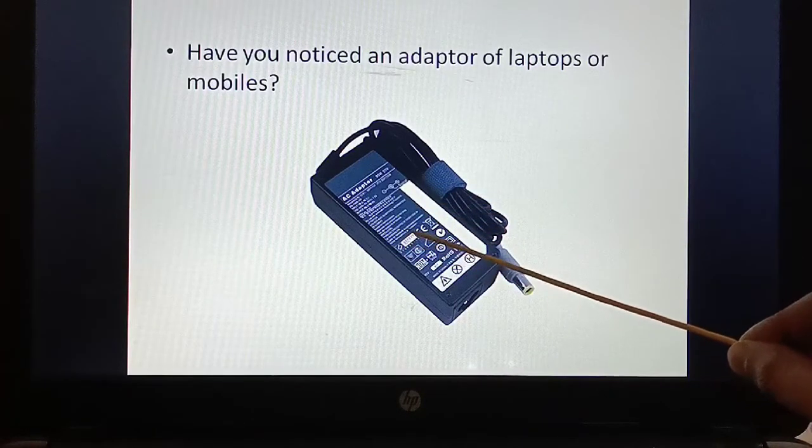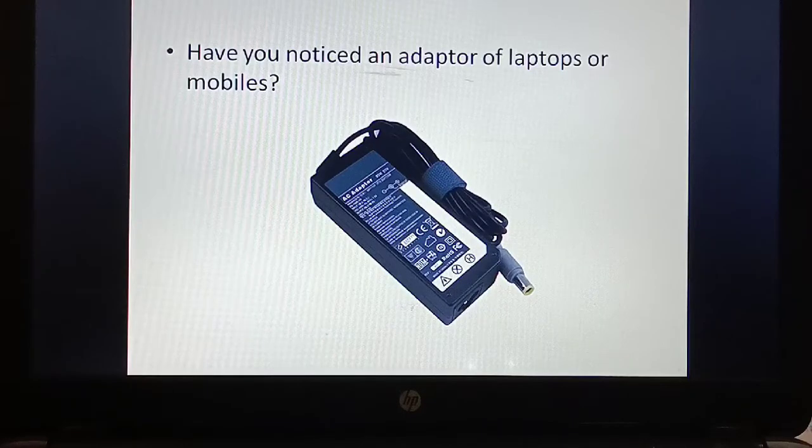Somewhere over here they write output and input voltage. In the input, they give 100 to 240 volt, that is voltage, and the frequency 50 to 60 hertz, and maybe 1.6 ampere. Now if you see the output, it gives 9.5 volt and the current 3.3 ampere.